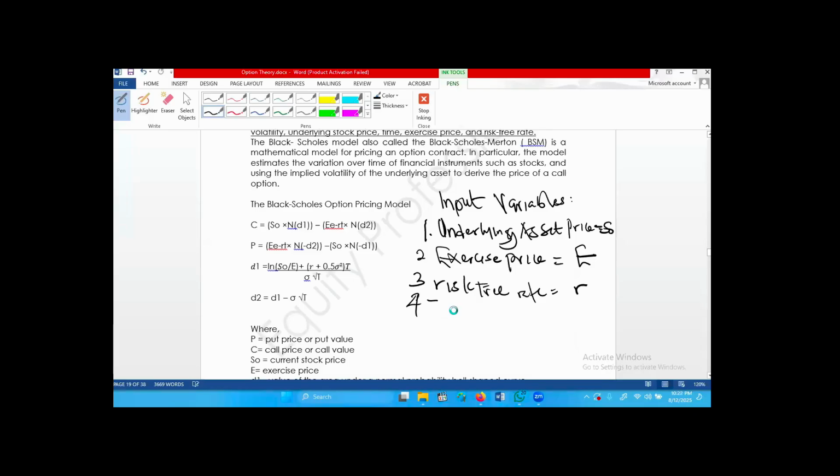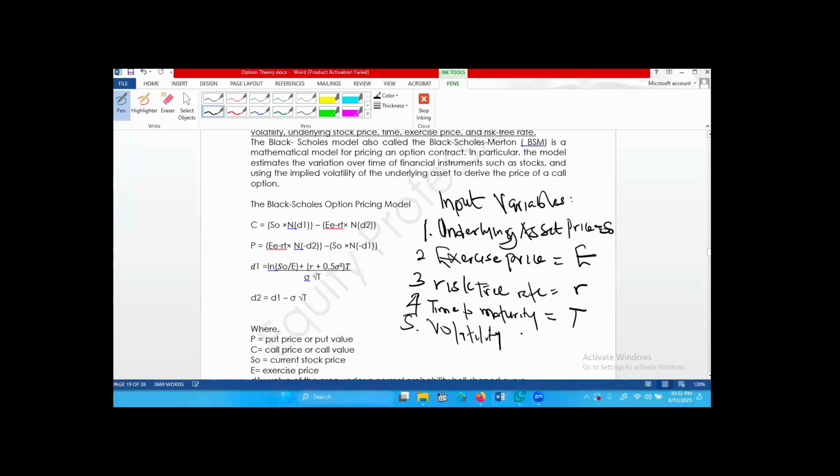Four, time to maturity. This is denoted with capital letter T. And 5, volatility.